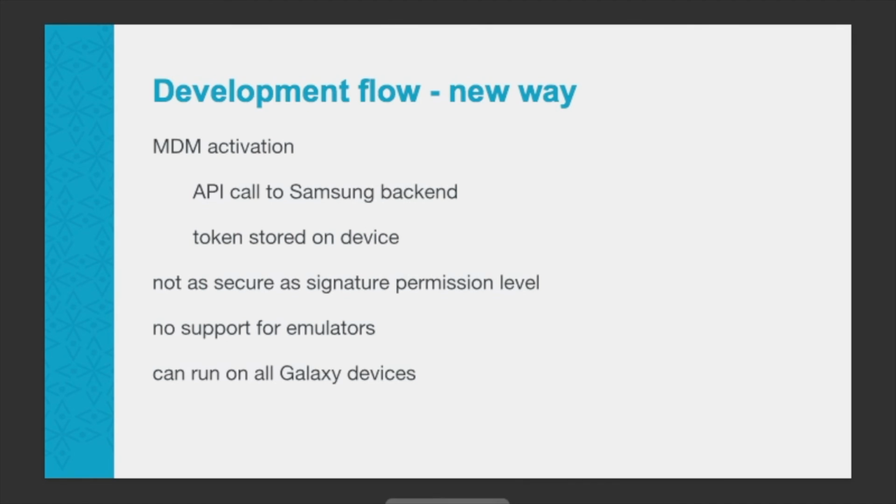The new way. Samsung decided that they don't want to sign APKs for you anymore, because I guess it takes time. So they introduced something called MDM. What MDM does is that when you start your application and need these permissions, you need to call some Samsung APIs or SDKs. These SDKs make backend requests, which is a problem if you don't have a network connection, and they retrieve some tokens and store them on the device.